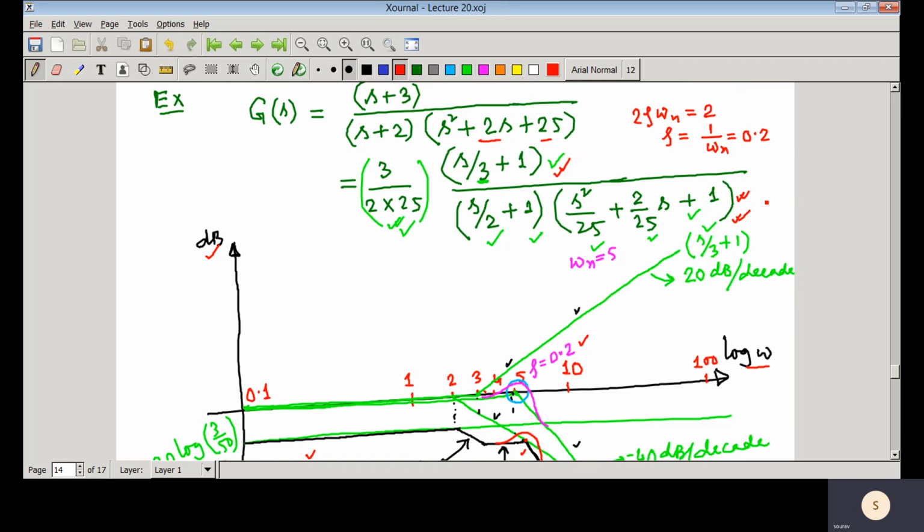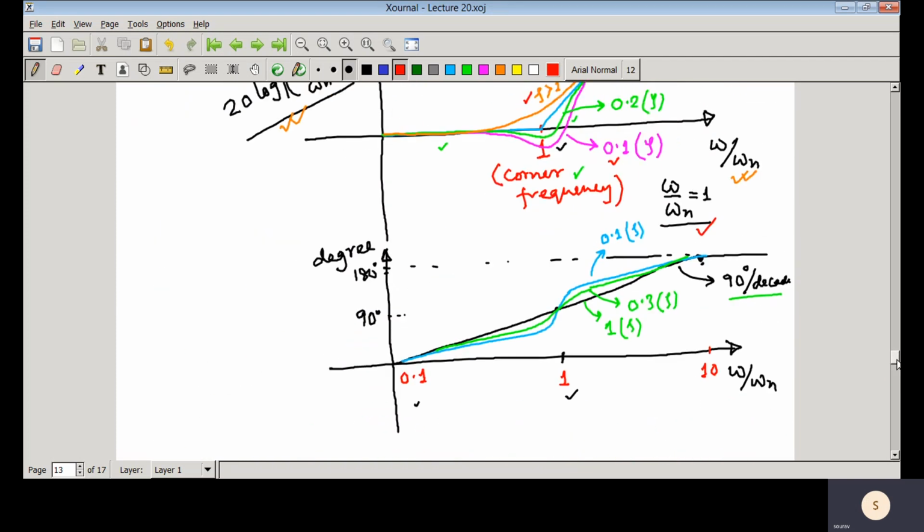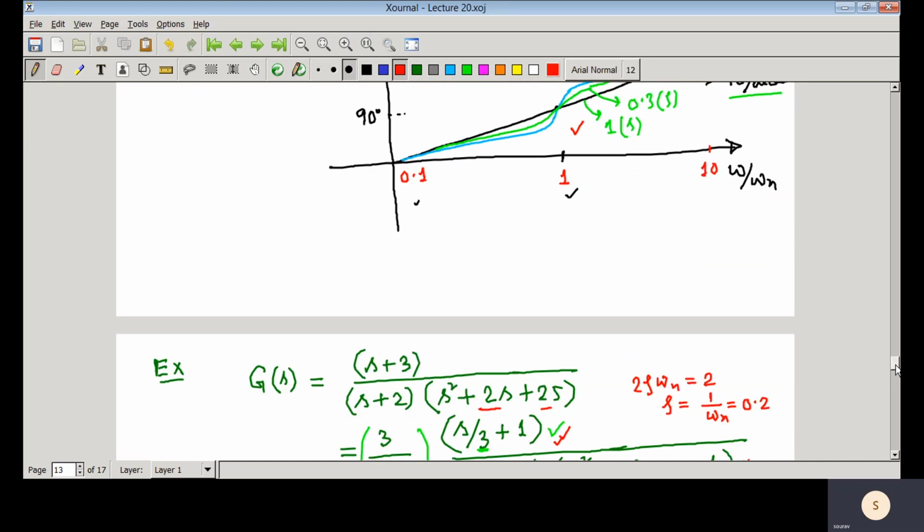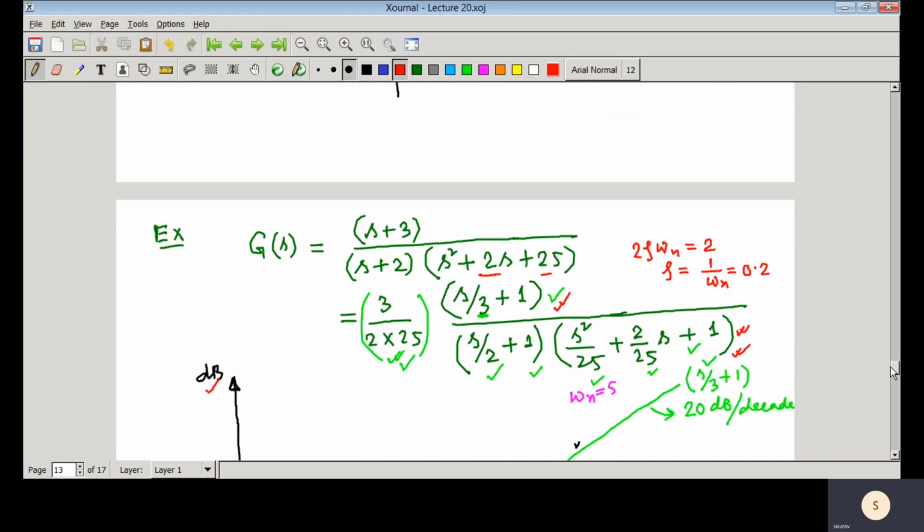And at the corner frequency, as zeta equal to 0.2, you need to correct that one as we have done like this. So this is all about that asymptotic Bode plot.